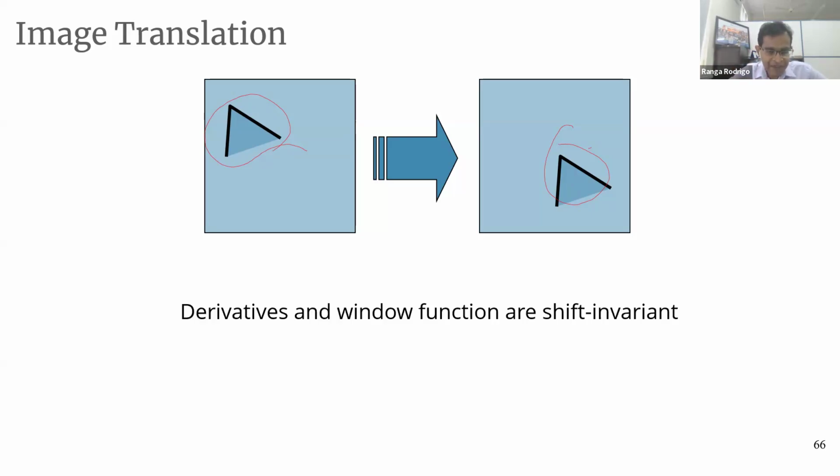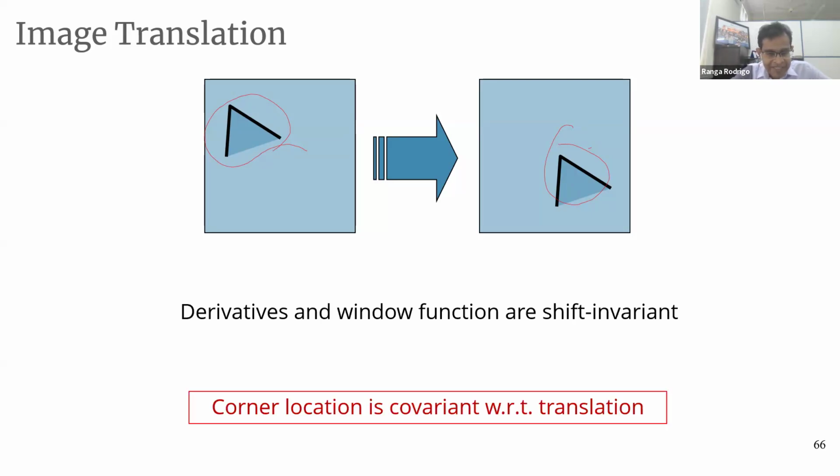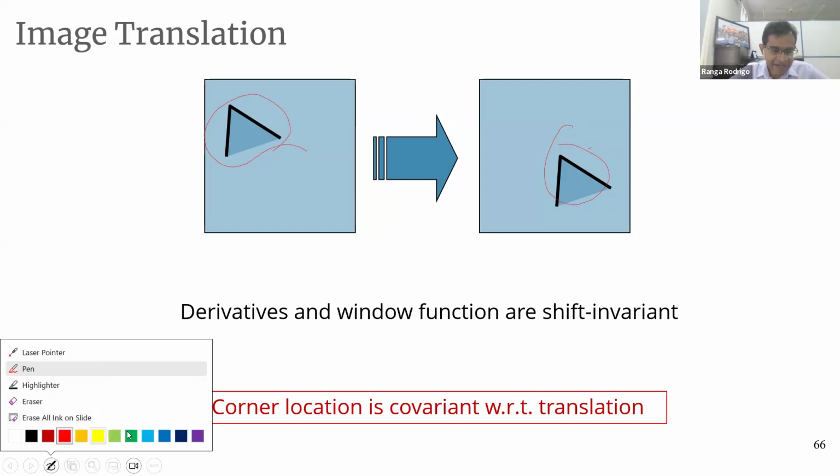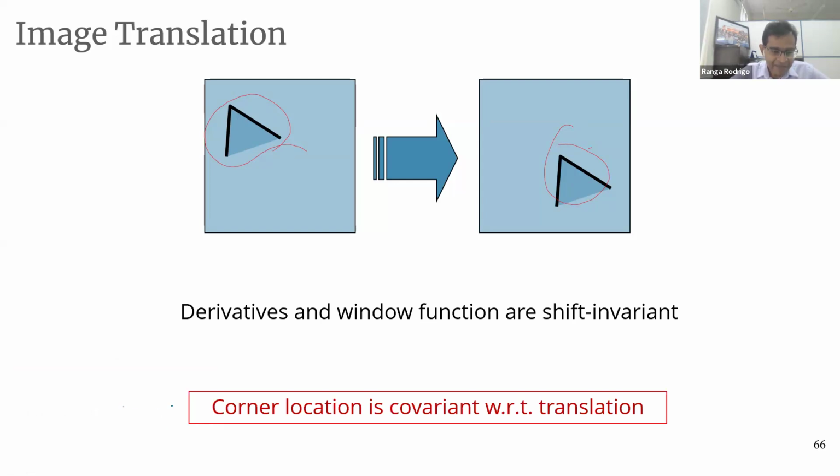So for that case, we can call derivatives and window function shift invariant. Corner location is covariant with respect to translation. Covariant means with the translation, it moved. That's the right thing that we expected in this case.